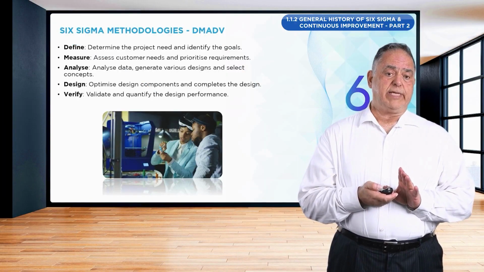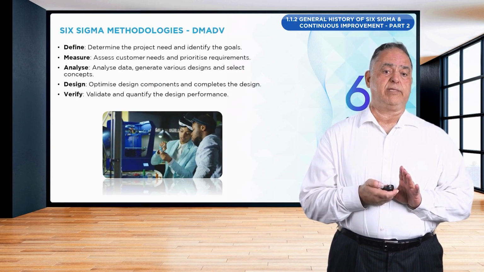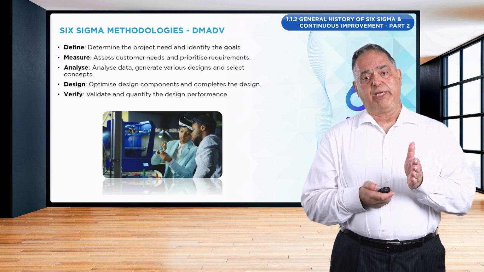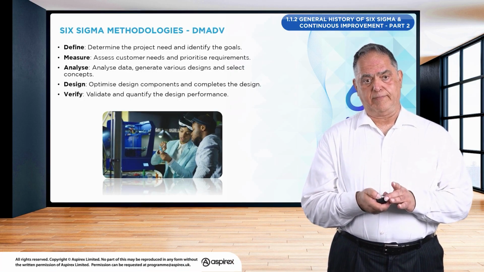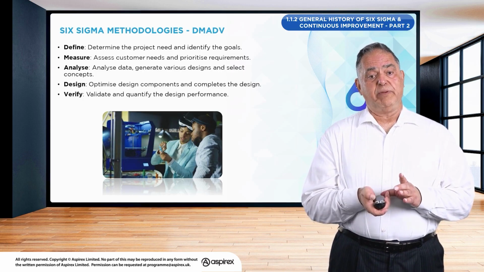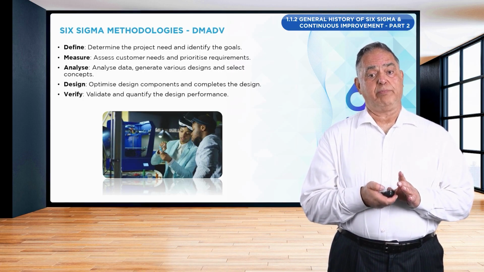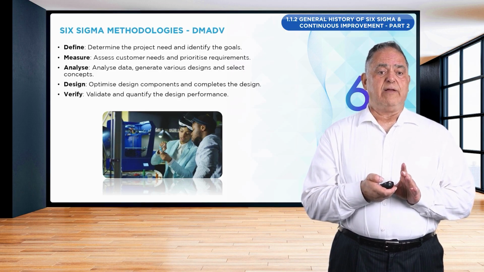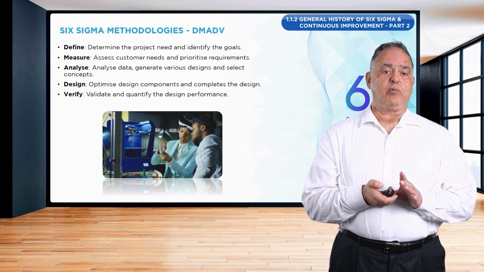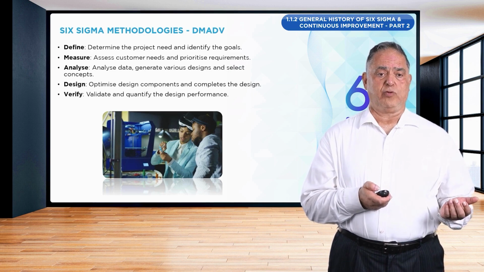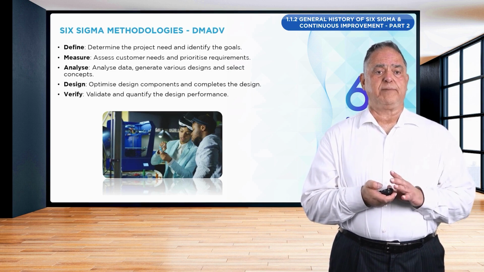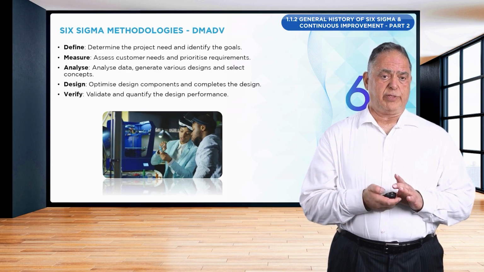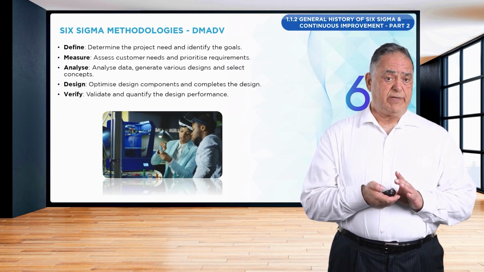We analyze the data, we generate a number of different designs and associated concepts. We optimize the design components and we complete the design. And finally, we verify, validate, and quantify the design performance. This completes the DMADV methodology, which is the most common methodology of design for Six Sigma.